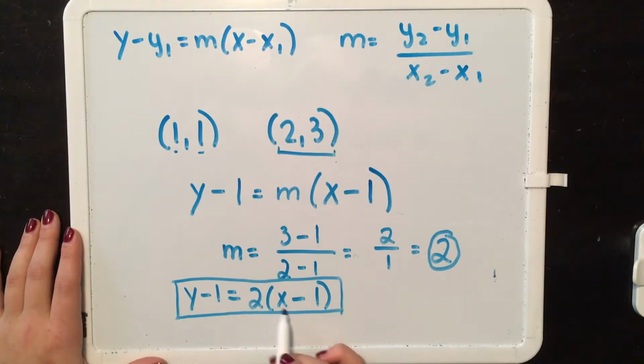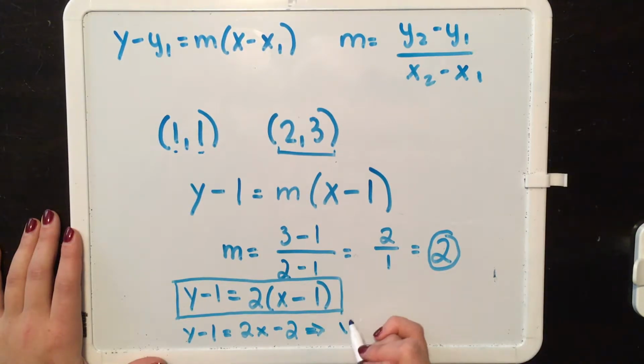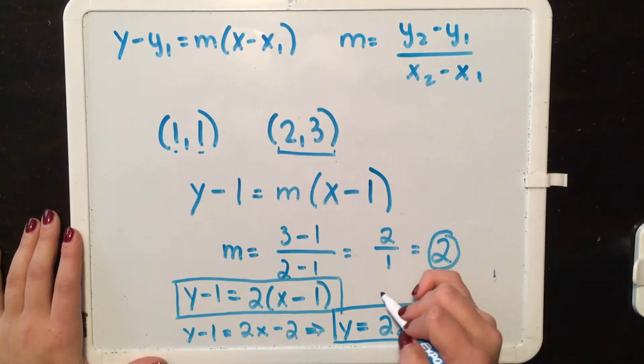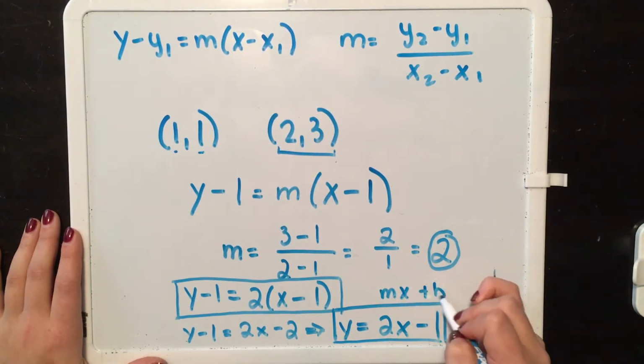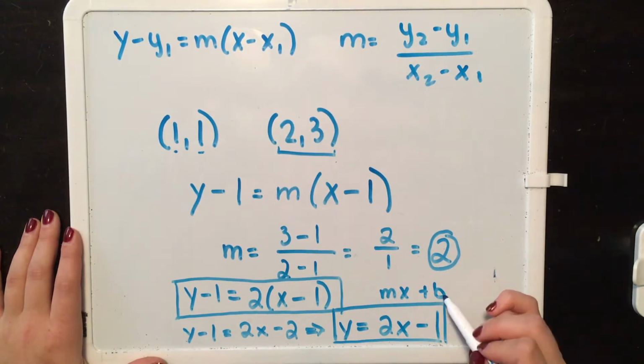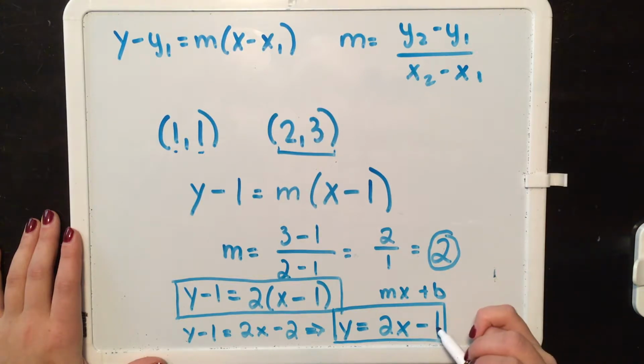The first step would be to distribute the 2 on the right-hand side. y minus 1 equals 2x minus 2, and then we can add the 1 to the right side. y equals 2x minus 1, and now the equation is in y equals mx plus b form, where m is the slope, which is still 2, and b is the y-intercept, which is -1.